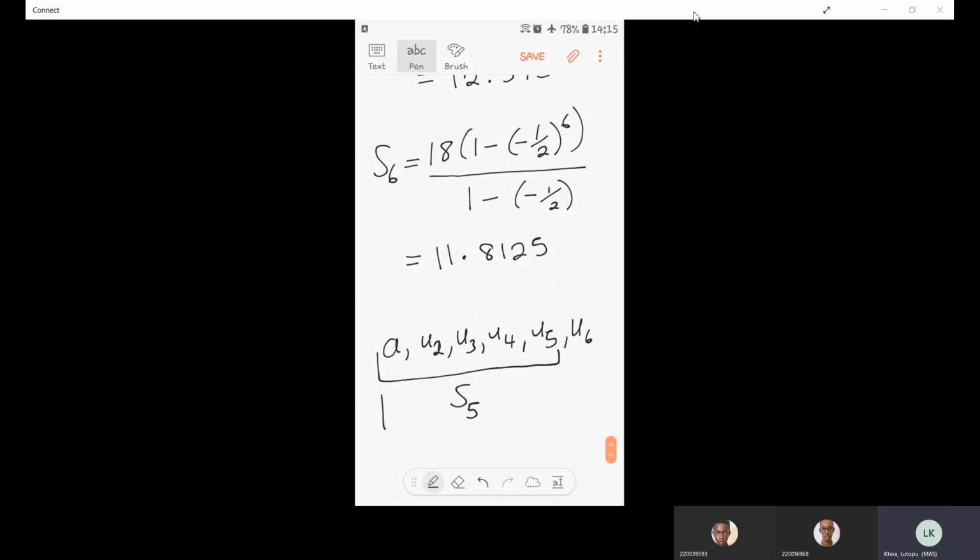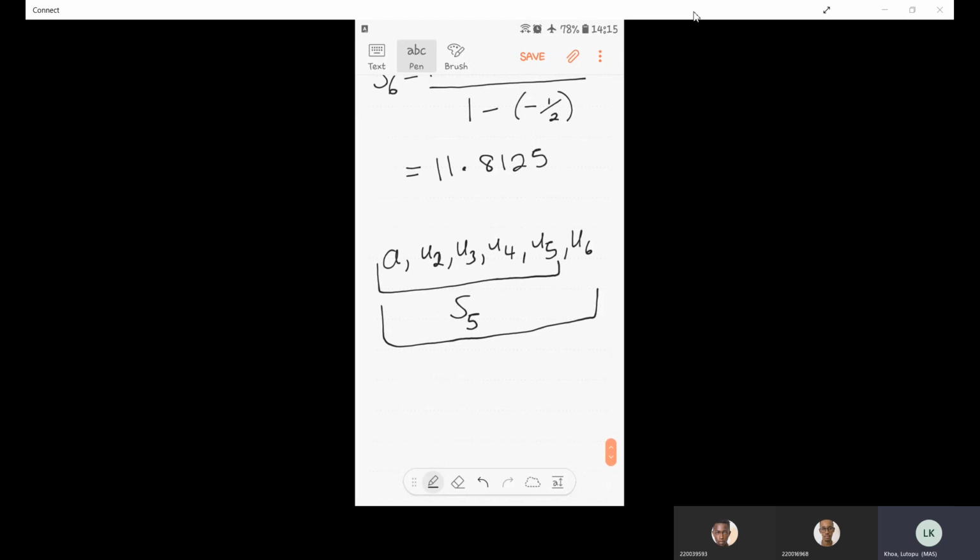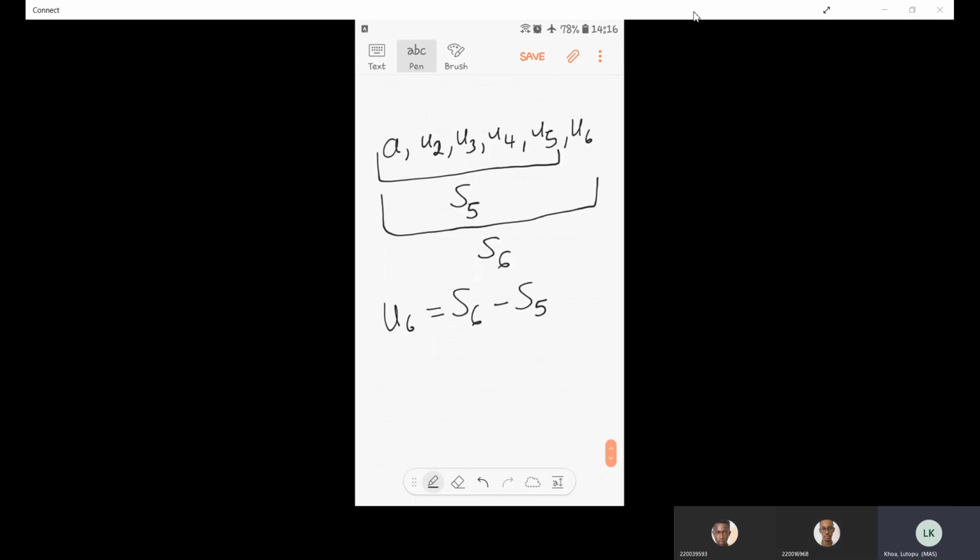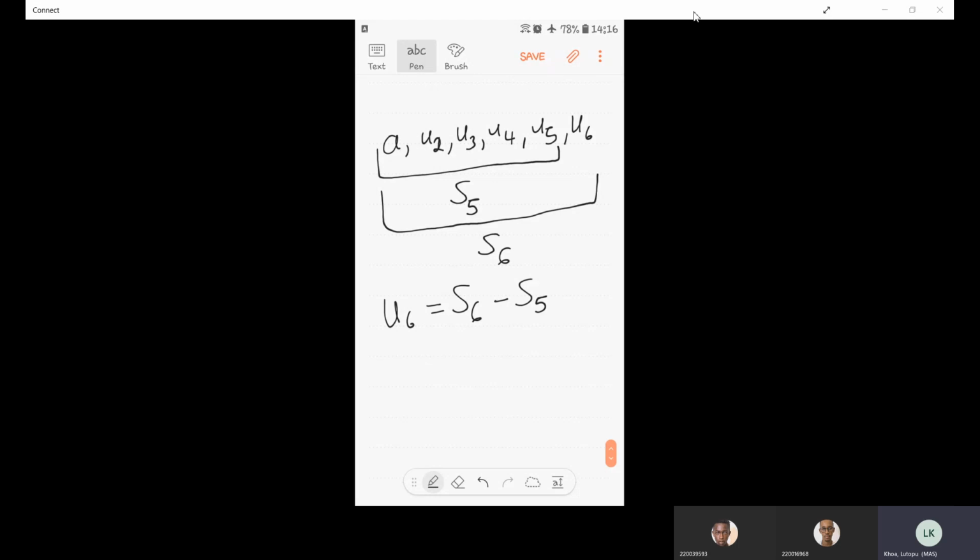And when I add all of them together that I've written here, I get S6. So if I want to work out U6, I can just say this is the sum of the first 6 terms minus the sum of the first 5 terms. So I do that, or I can use the formula. In either case, I should get exactly the same answer.